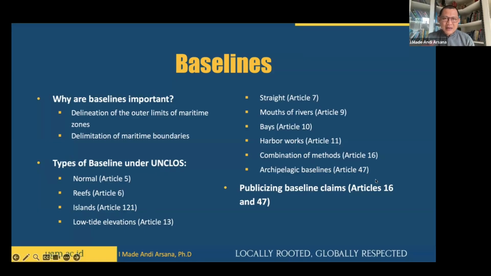So basically, there are a number of types of baseline from where a coastal state can measure its maritime zones. And the last bit, we will be talking about how to publicize baselines. For example, if Indonesia has designated its own baseline, it also needs to publicize it so the world understands what Indonesia claimed.